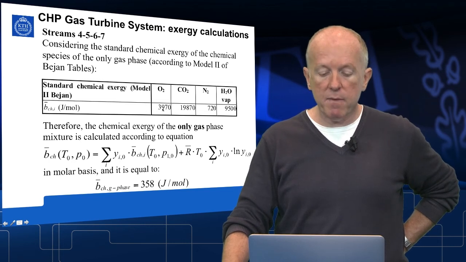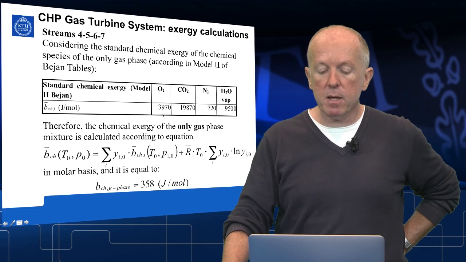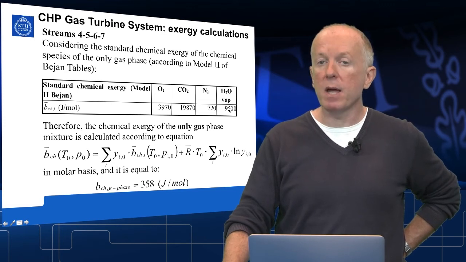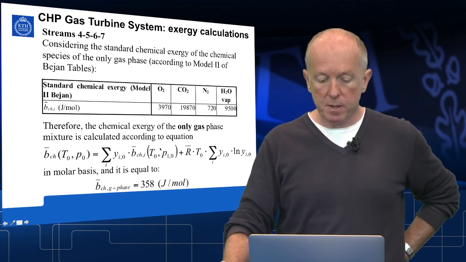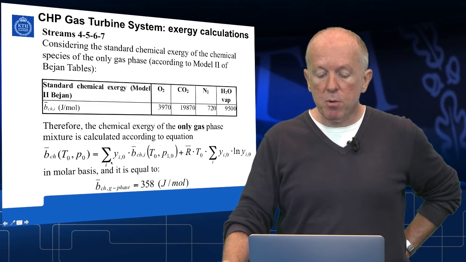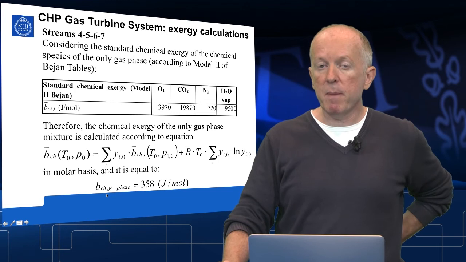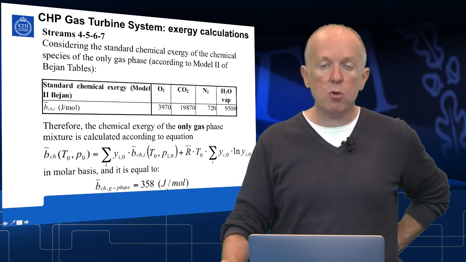So I have selected a given value in terms of joule per mole of the specific chemical exergy of the oxygen, of the CO2, of the nitrogen, and of the steam in the form of water vapor. By substituting all these values, I obtain at the end the chemical exergy of this stream of mass equal to 358 joule every mole.